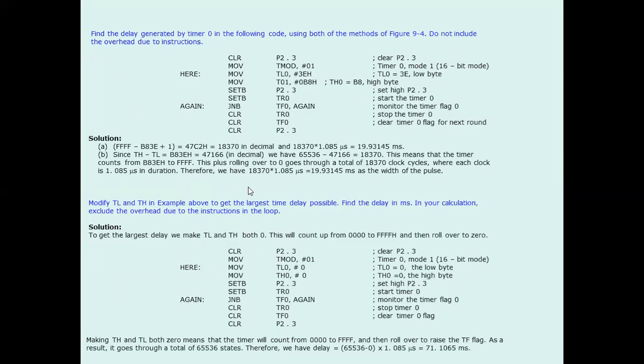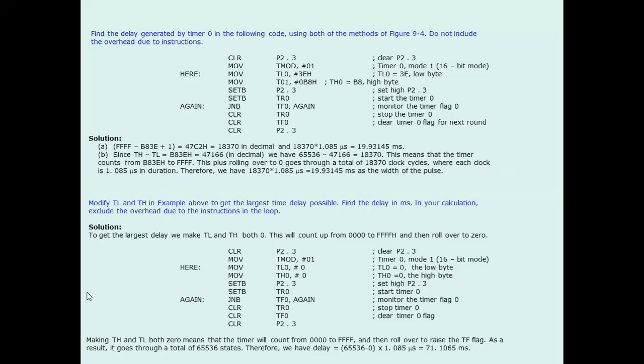Now these are some examples that are required to know how programming can be done when a delay is to be generated by mode 0, mode 1, mode 2 or mode 3. Here you can see the solution is given.